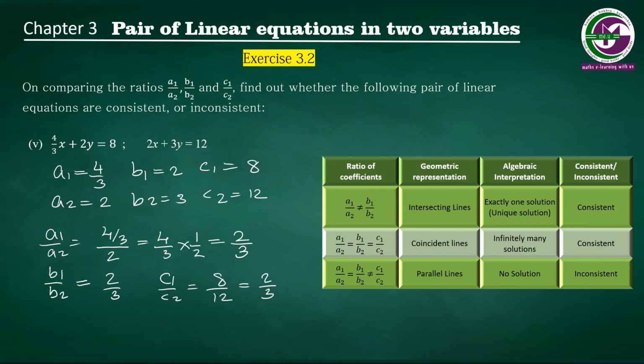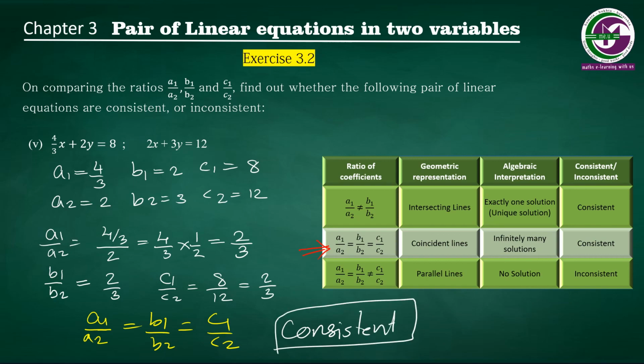So you will get a1 by a2 equals b1 by b2 equals c1 by c2, means it is coincident line again, so it is consistent pair of linear equations.